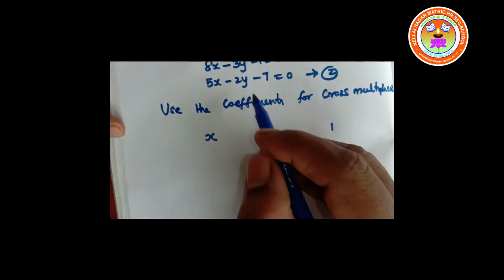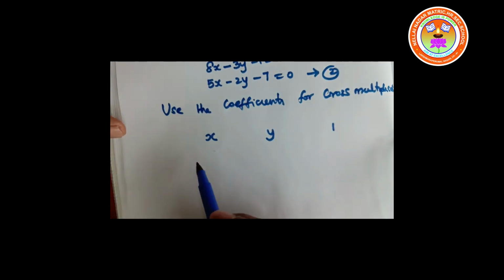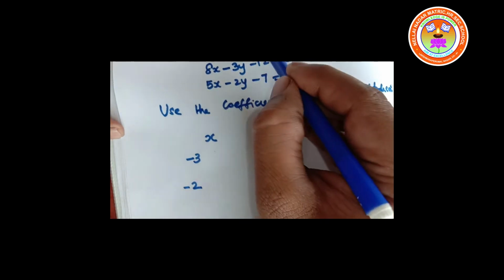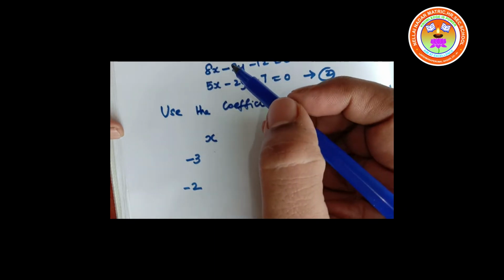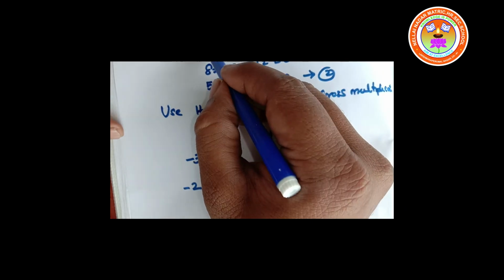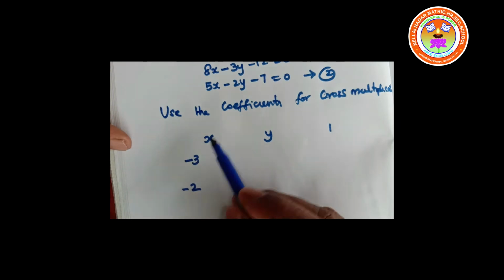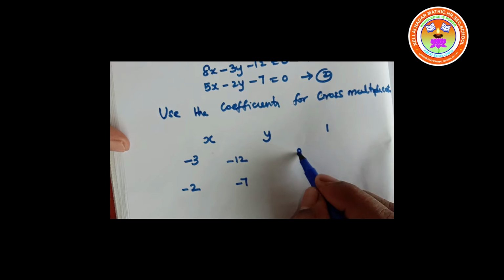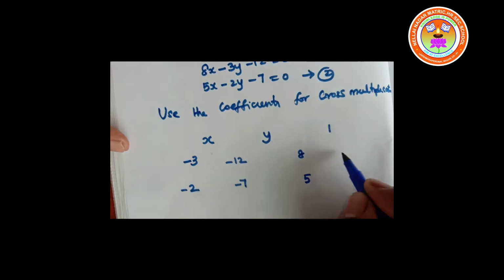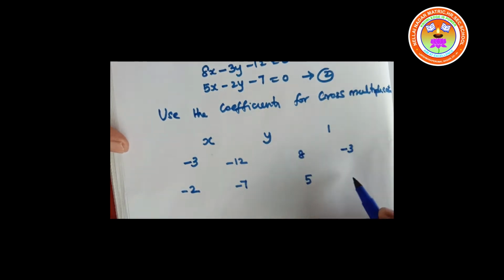First you take the middle one, the y coefficients, that is minus 3, minus 2. Then the constants minus 12, minus 7, then 8, 5, and again minus 3 and minus 2.